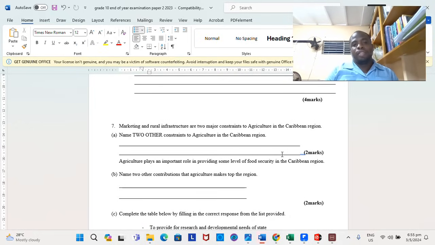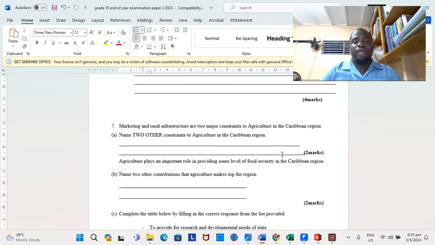Climate. Climate condition is another constraint. You know, in the Caribbean, we're not affected by snow, but sometimes there are droughts, and with the droughts, the farmers experience additional expenses because now they have to think about how to get water to their property. And so the farmer has to truck or buy water, which is very expensive.